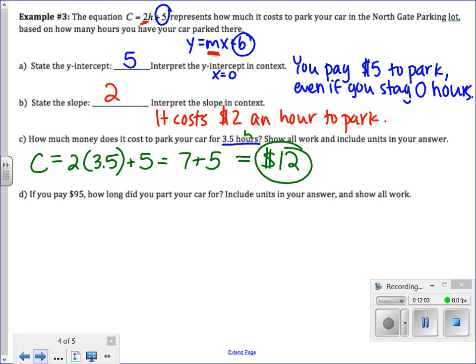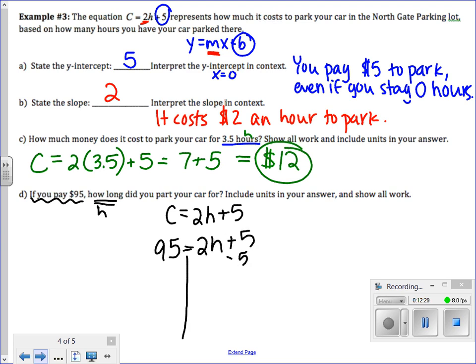Now this next problem you have to read carefully. If you pay $95, how long did you park your car? So this time I'm looking for h. I know that I paid $95, so in the equation c equals 2h plus 5, I'm going to put 95 in for c. So 95 equals 2h plus 5.